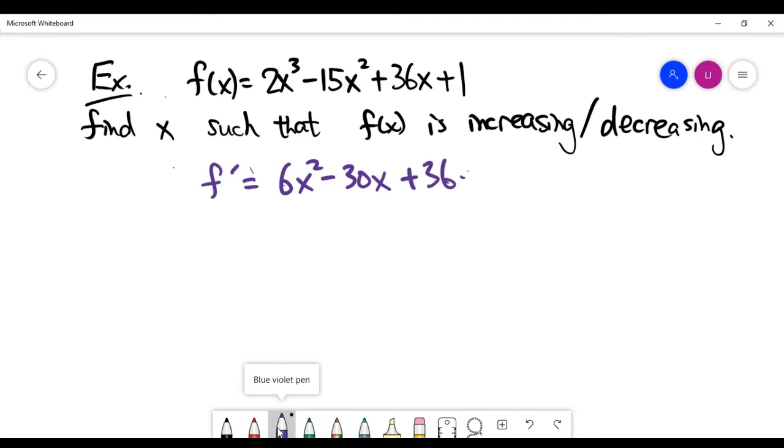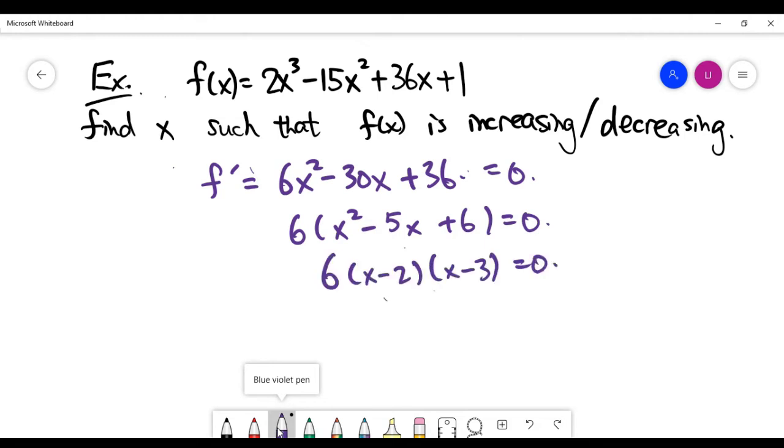To find the critical numbers, we set it to 0, and I trust that you can do this calculation. You can take out the 6 as the common factor first, and then factorize it by yourself. After the factorization, we understand that there are two critical numbers: 2 and 3.